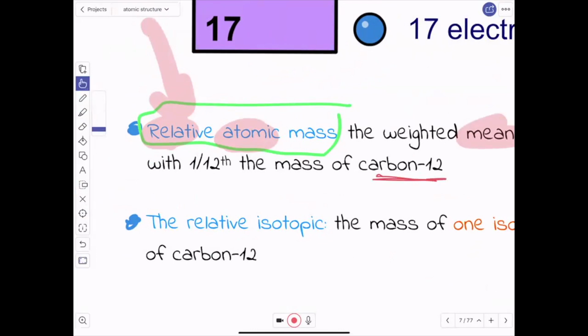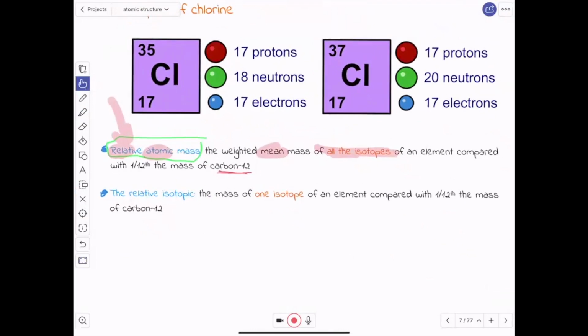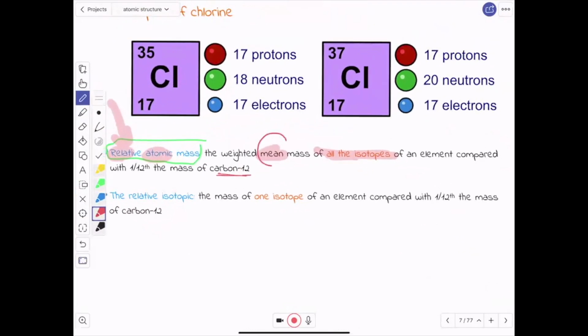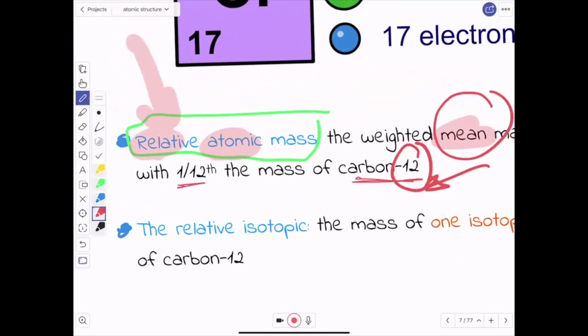So again, let's read it out again. What does relative atomic mass stand for? It's the average mass of all isotopes of one element compared to carbon 12. But I'm not going to take the whole mass of carbon 12. What am I taking here? I'm taking 1 over 12.